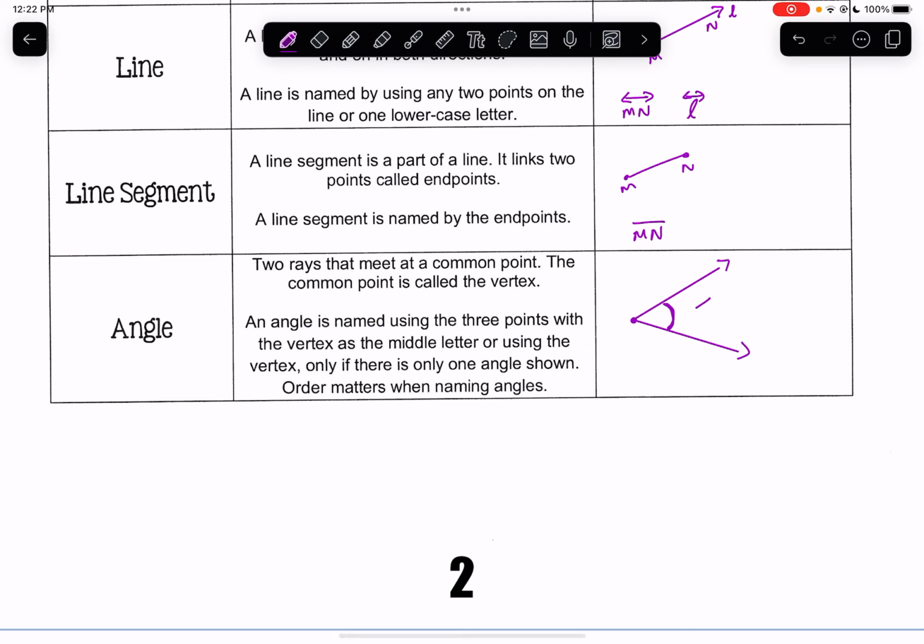So right here is the angle. So we name that based off of the letters. So this angle is angle ABC as well as CBA. What matters is that the vertex is still in the middle, or you can simply call it angle B, or our trick is to put a number inside and call it angle 1.